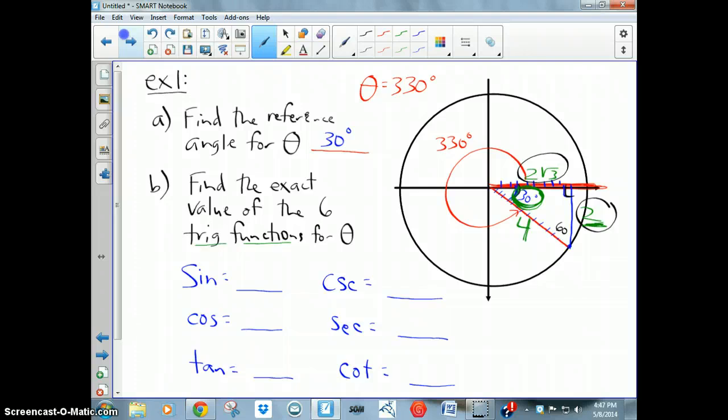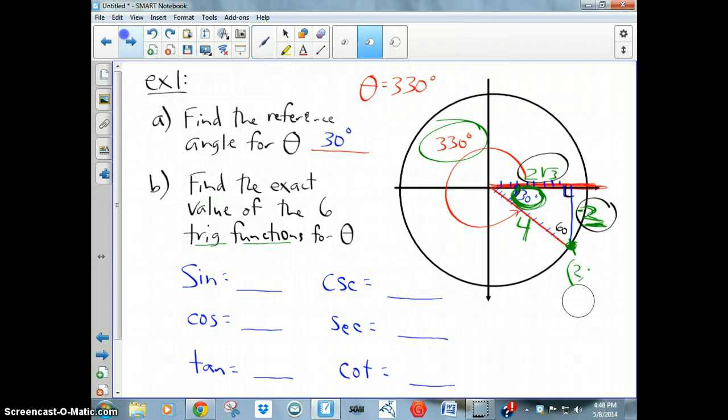So, sine of 30 degrees, which is also the same as sine of 330. This value, by the way, is negative 2 because this point right here would have a coordinate of 2 square roots of 3, and then negative 2 if we were in the coordinate plane.